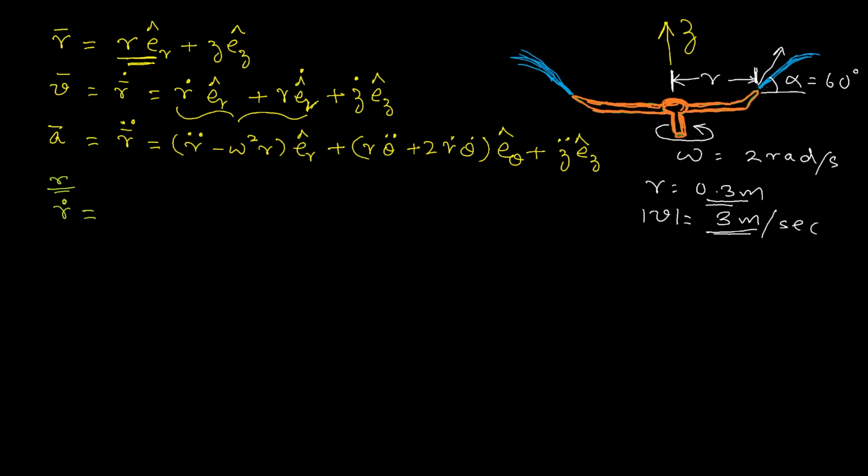This velocity is coming out at an angle of 60 degrees, so this direction is v cos 60 degrees, and this one is v sin 60.